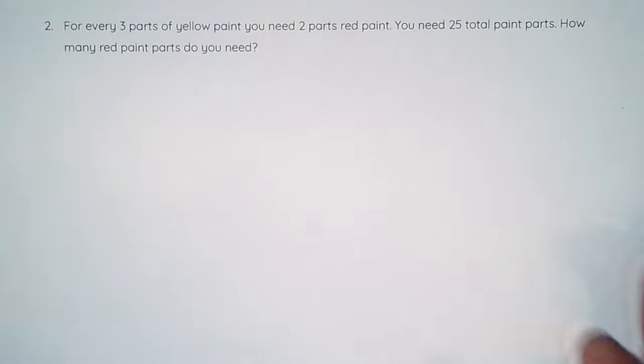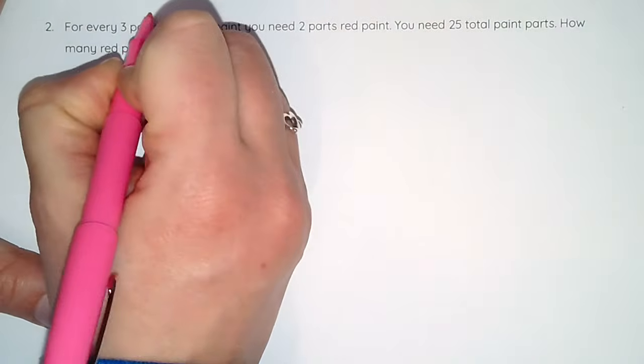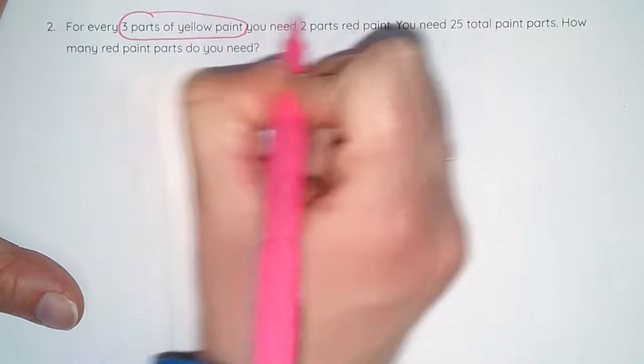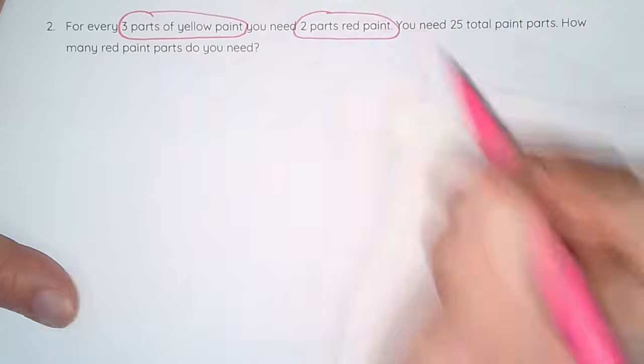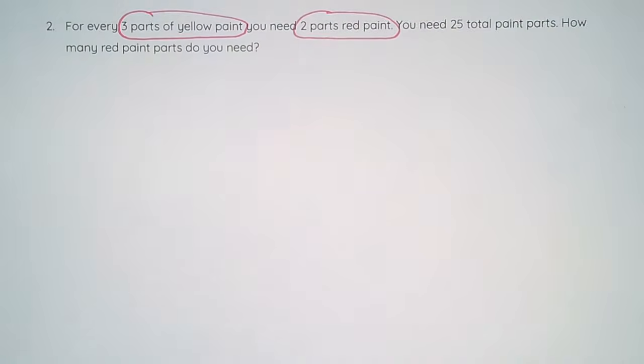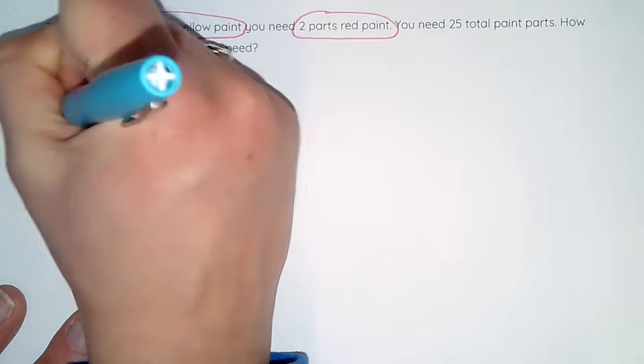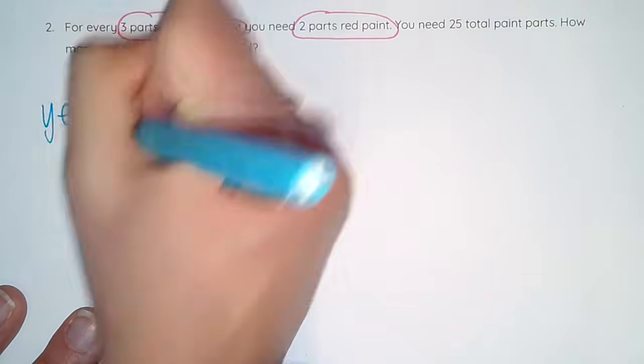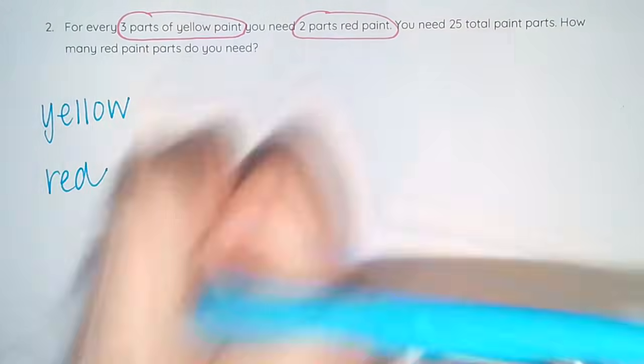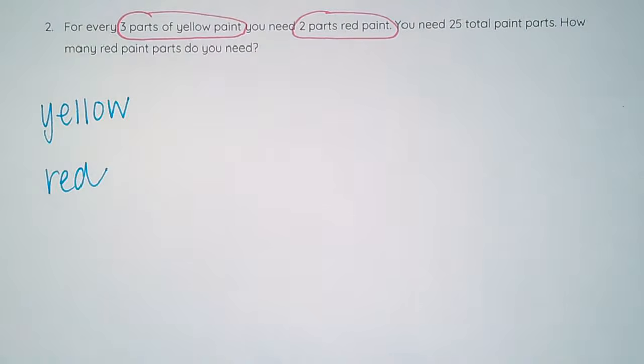We've got one more just like that to do together. It says for every 3 parts of yellow paint, you need 2 parts red paint. So I'm comparing yellow paint to red paint. I start off and I just go ahead and label yellow and red. How will I set up my tape diagrams here?